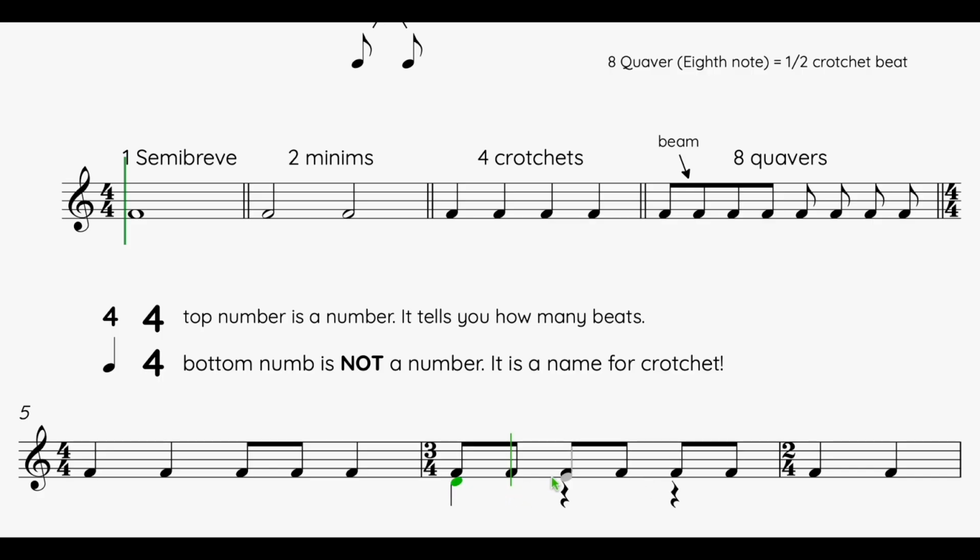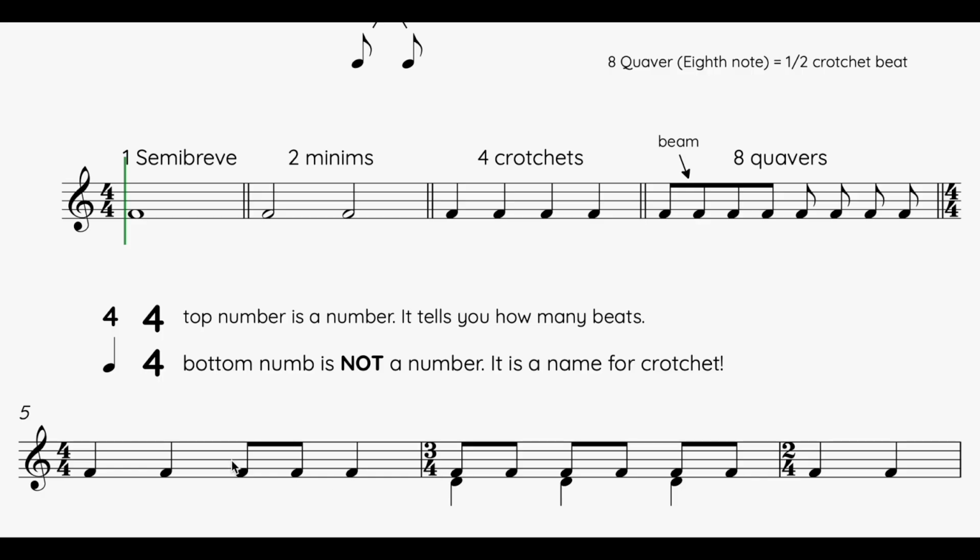But I've now created a rhythm using quavers. So for every crotchet beat, I've put 2 quavers, because 2 quavers equals a crotchet. So each quaver is a half, and a half plus a half equals 1. That's because we're counting crotchets, because we've got the 4 on the bottom.